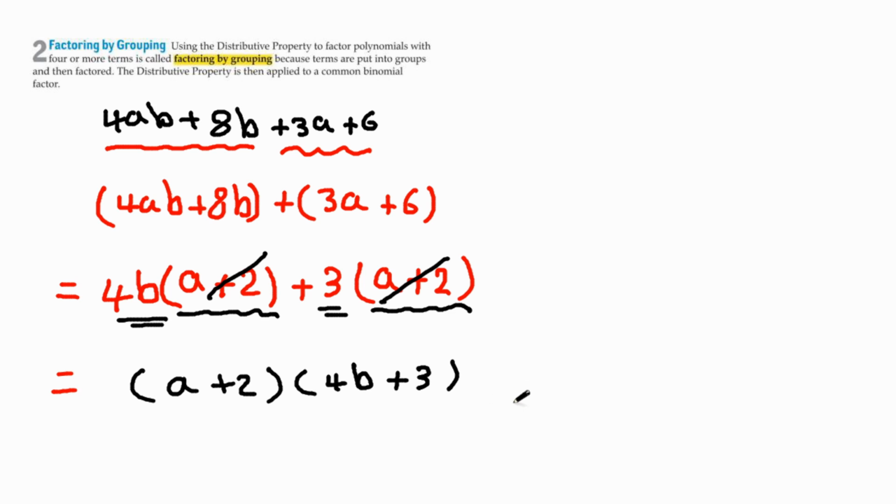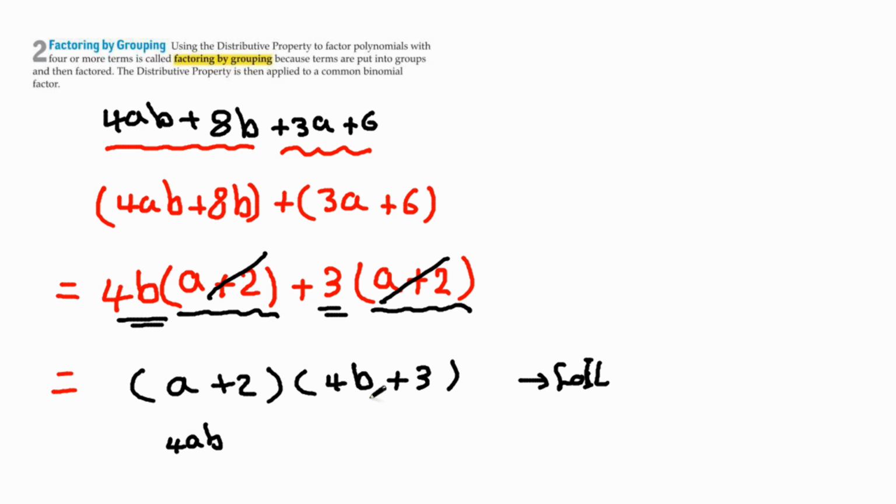Okay, can we check our solution? Yes, we can. How? By using the FOIL method. You remember the FOIL method? Which is first multiply first, outer multiply outer, inner multiply inner, last multiply last. If we multiply here a by 4b, we get 4ab.